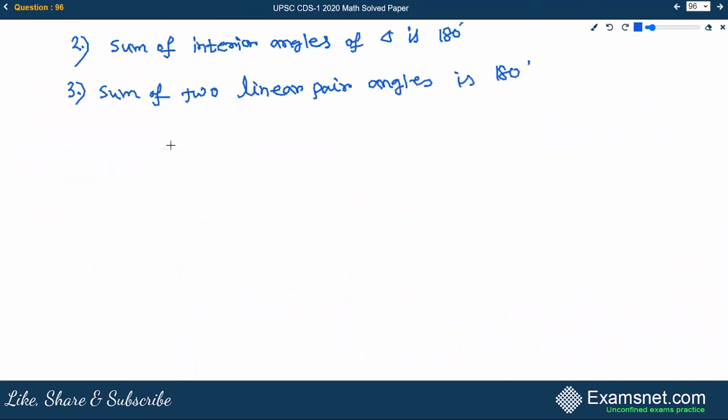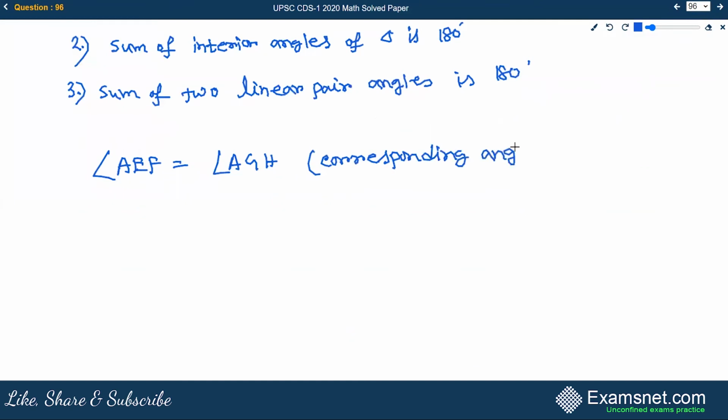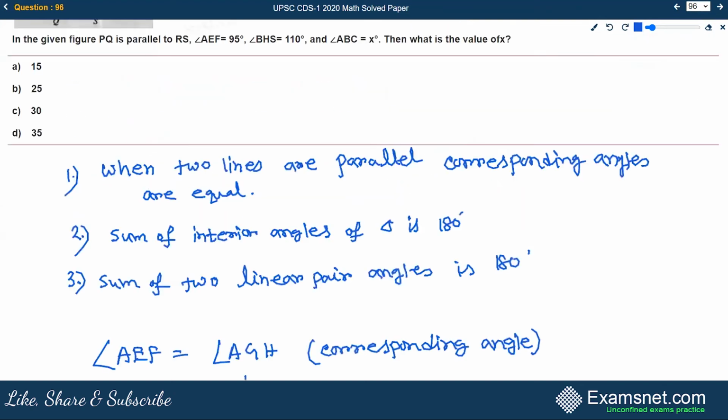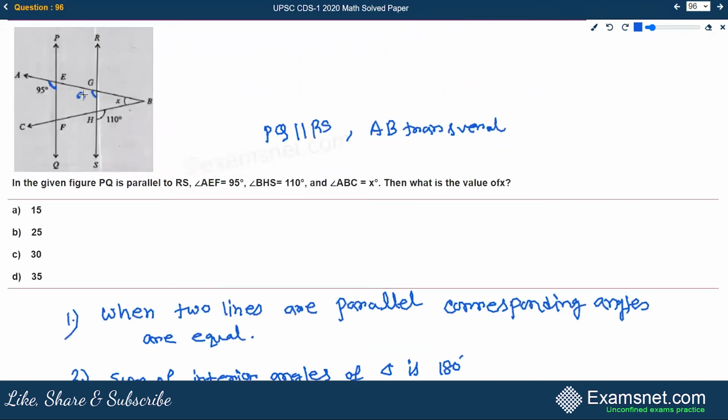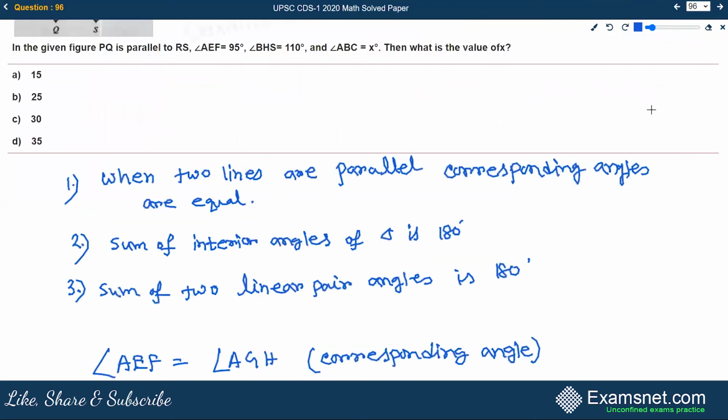So here angle AEF equals angle AGH. They're equal because of corresponding angles. Correct. That means we can write it as 95 degree. So this is also 95 degree. Now look here, now these two angles, BGH and AGH.